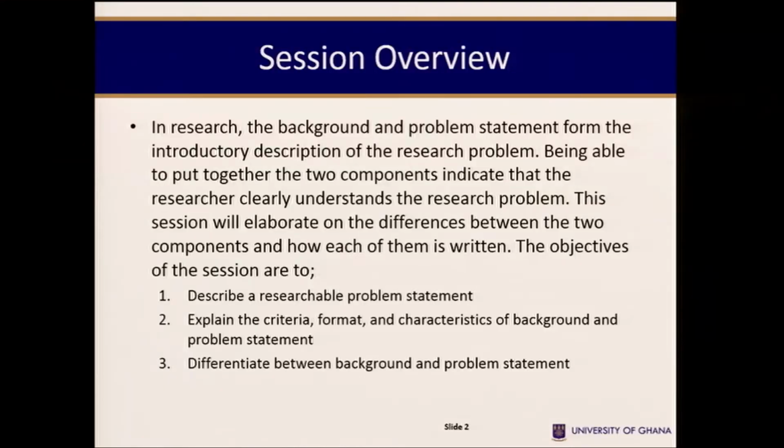I'm expecting that by the end of this session, each of you will be able to describe a researchable problem statement, explain the criteria, format, and characteristics of the background and problem statement, and then the differences between the two.